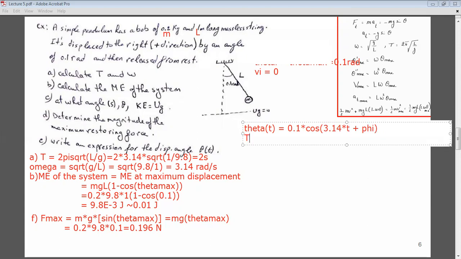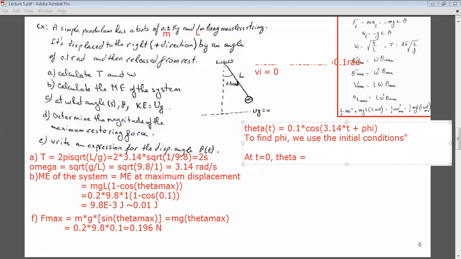Now I have to get phi. Remember, to find phi, we use the initial conditions. And what are the initial conditions? That at t equal to 0, theta is equal to theta maximum, which is 0.1.